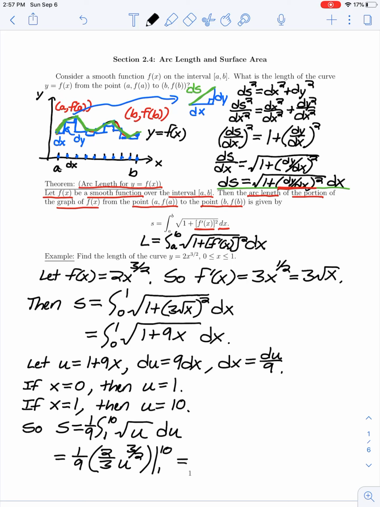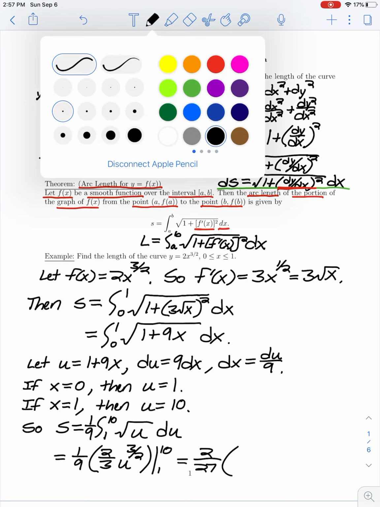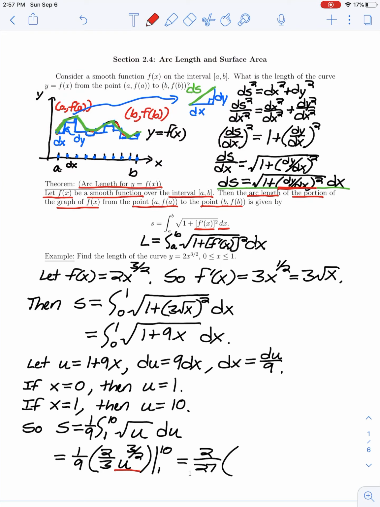So in our last step, we can simplify the constants a little bit. We have a 1/9 times 2/3, which would be 2 over 27. And then when we evaluate this antiderivative, u to the 3/2 at u equals 10, recall that u to the 3/2 power is the same as u times the square root of u.